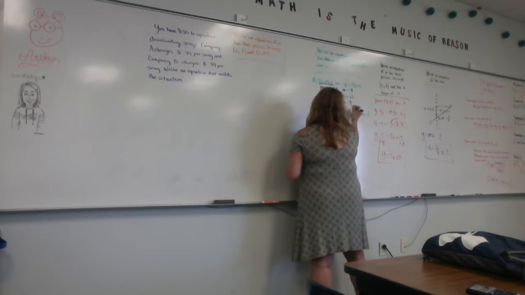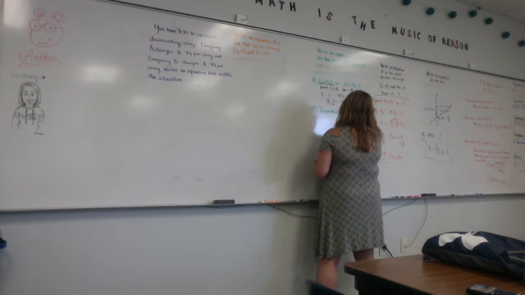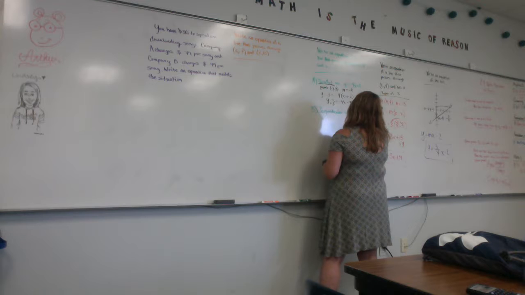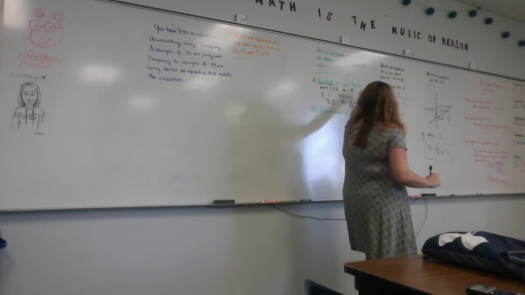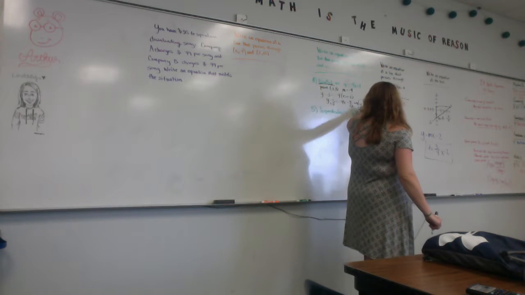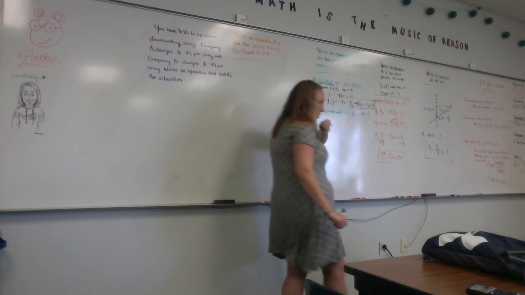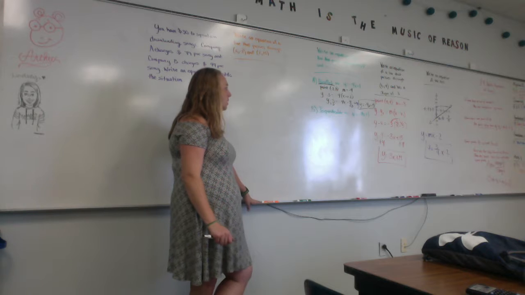I add 3, and my final equation is y equals negative 4x minus 5. There is an equation that goes through the points negative 2, 3, and is parallel to that equation of y equals negative 4x plus 1.